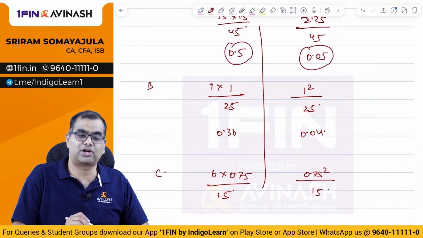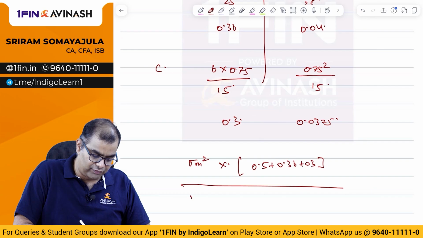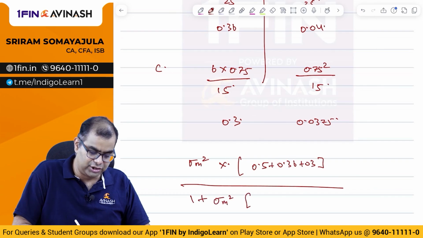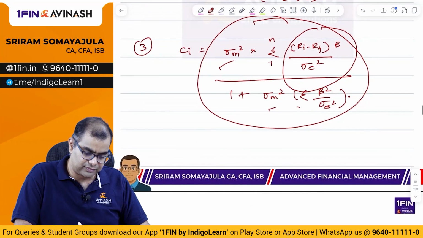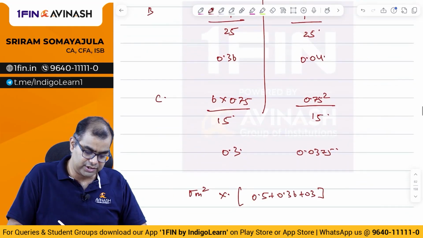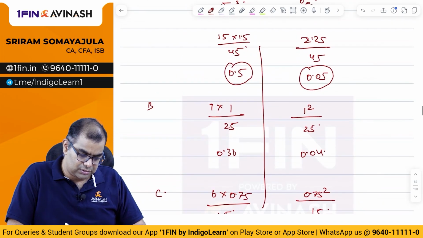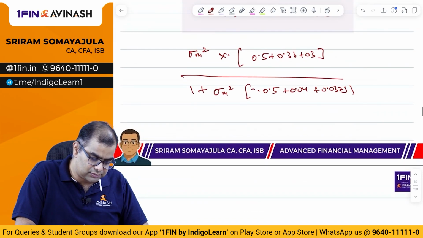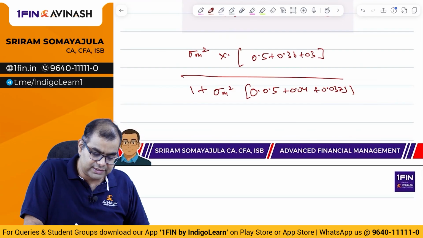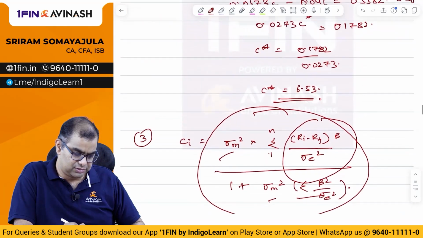That is where it crosses C star, right? 0.5 plus 0.36 plus 0.3 divided by 1 plus market variance into the summation of all of this, which is 0.05 plus 0.04 plus 0.0375. And this is your cutoff point. The cutoff point is 6.5, something, we got 6.53.